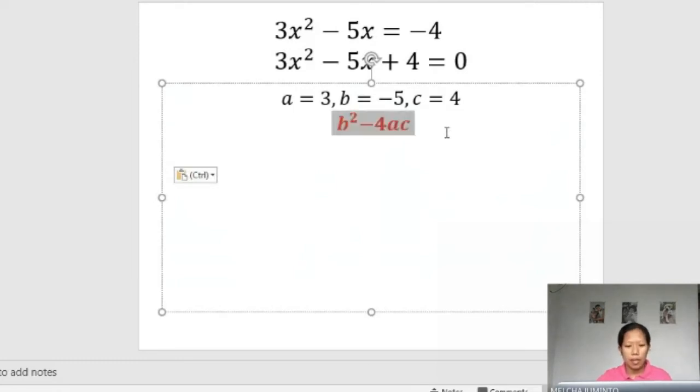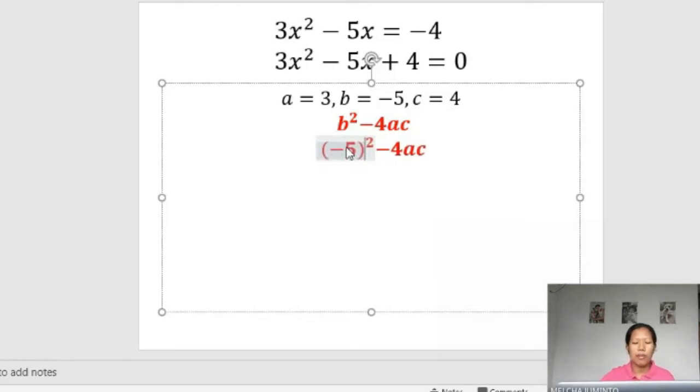Let us begin with the value of b. Negative 5 will be the value of b. 4 is a constant, so do not replace it. a will become 3. c will become positive 4. And then continue solving.